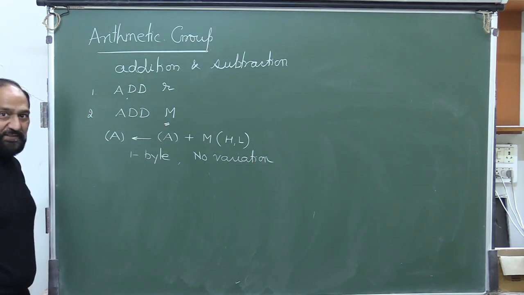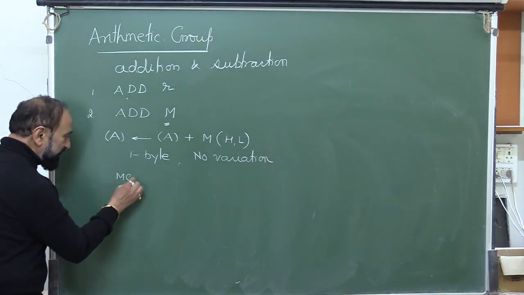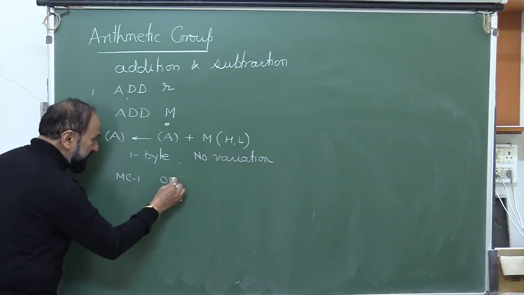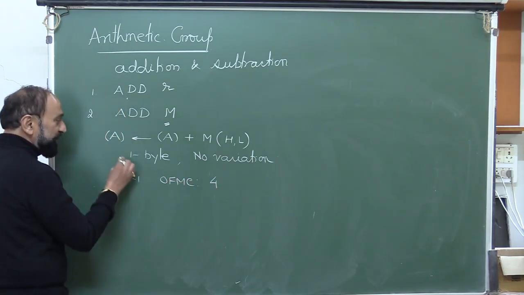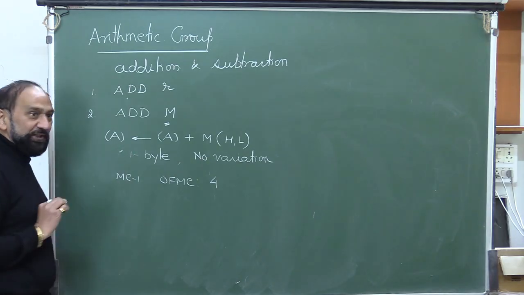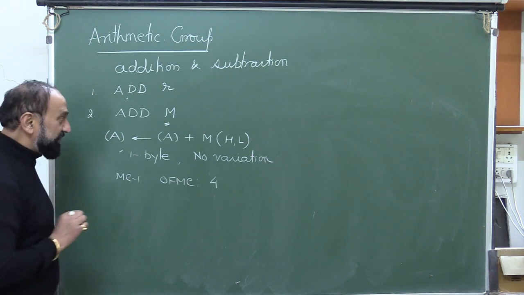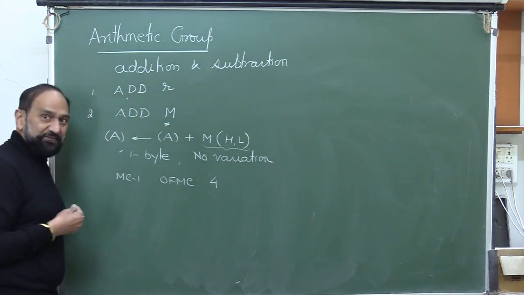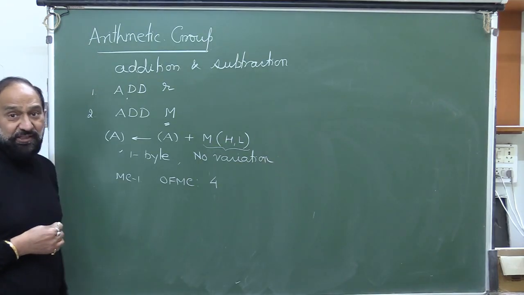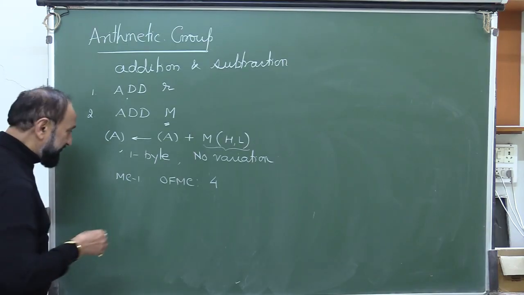And how is this instruction executed? First machine cycle is the opcode fetch of 4 states. So the code is read and decoded. And now the instruction is to be executed. So first, this operand, which is available in a memory pointed by HL register pair, is read.